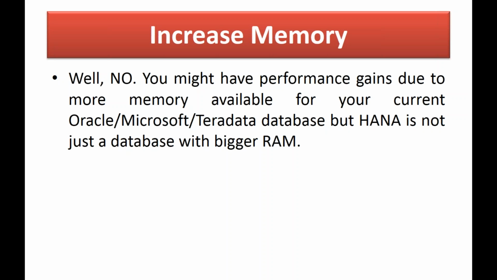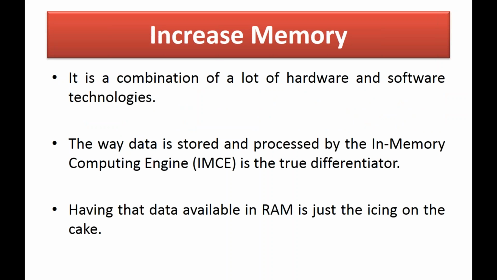Why? The reason is that HANA is not a bigger RAM. It is not only in-memory. It is a combination of hardware and software which makes it a much more powerful tool. And if anybody asks you what is a major feature in HANA, never ever say it is an in-memory database.